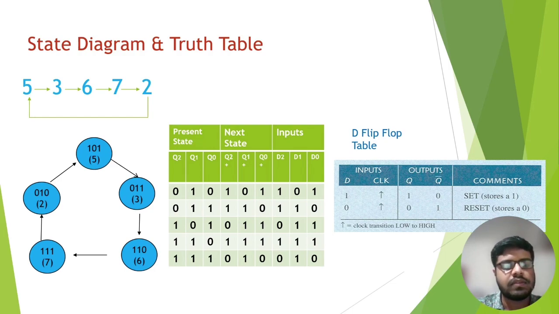Here we use the binary equivalent of these digits in this truth table, and here the counter will be counting the digits sequentially. Later on, how the counter works and the circuit diagram will be discussed by the other two members.